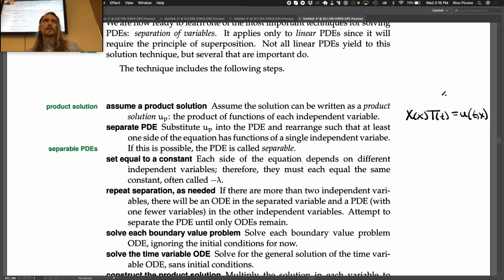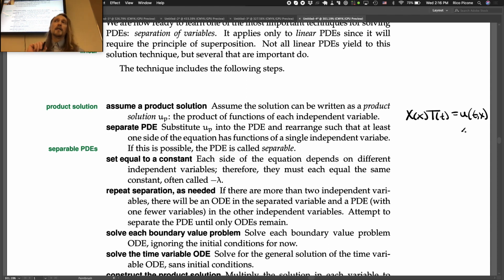How do we know that it's linear or not linear? We had a short discussion of that before. The idea is that u, the dependent variable, and its derivatives enter the equation linearly. So you don't have cosine u. You don't have u squared.